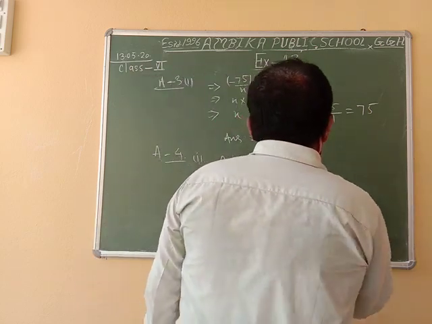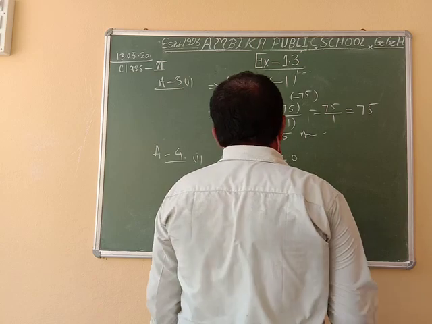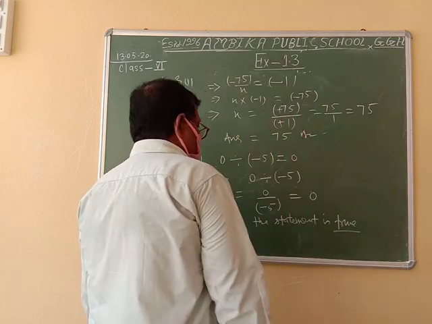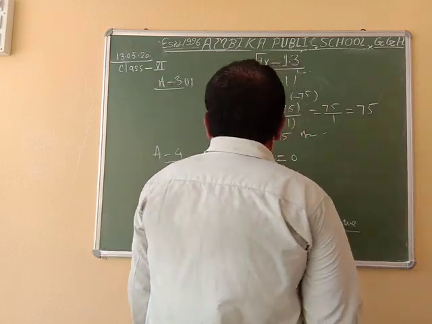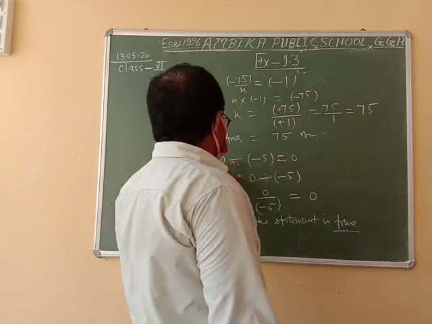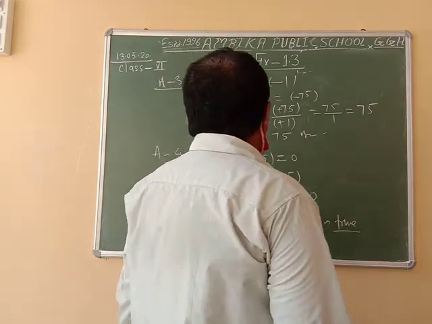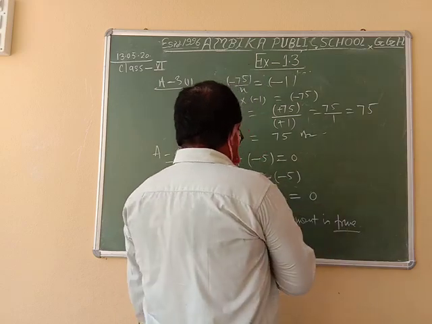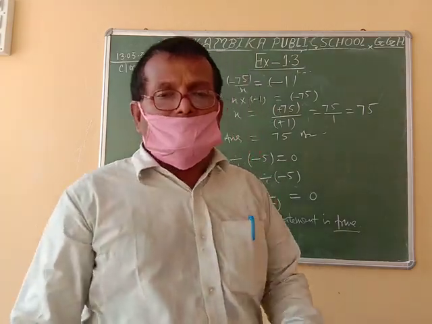If we do not get 0, then the statement will be wrong. If we divide 0 by any number, we get the result 0. So the statement is true.